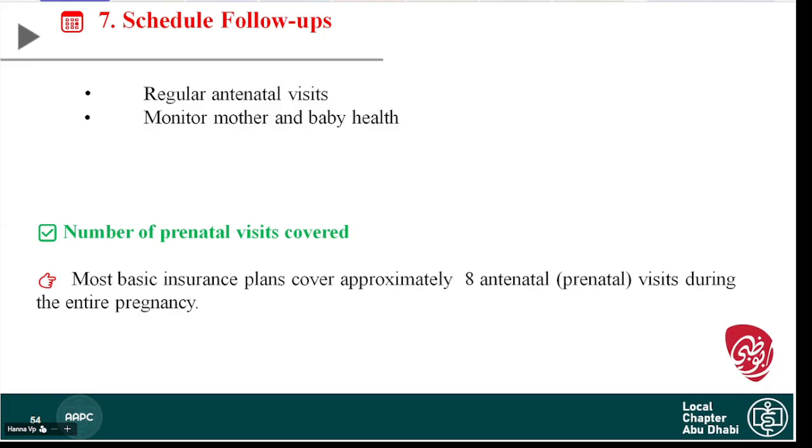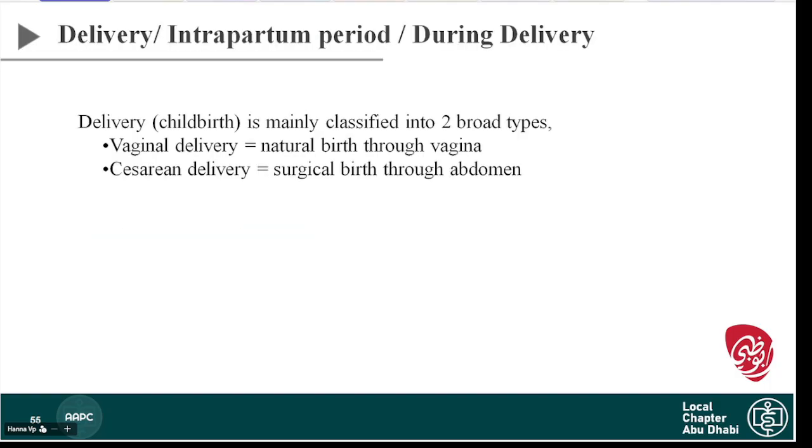Now, after antepartum, what is the next step, guys? The delivery. Now we are moving to delivery. This is also called the intrapartum period, the period during the time of delivery. Childbirth, right? I told you guys, there are two types of deliveries: vaginal delivery and cesarean delivery.